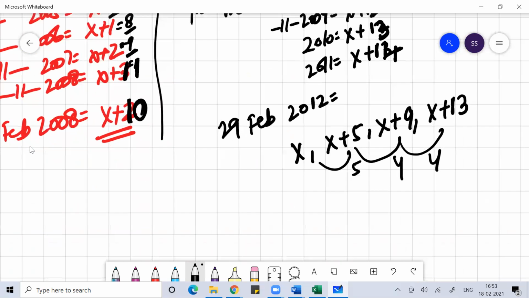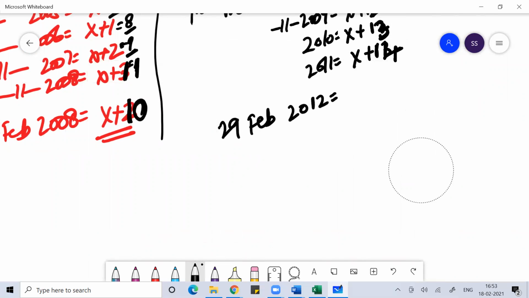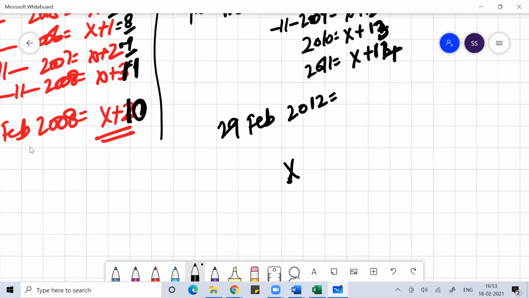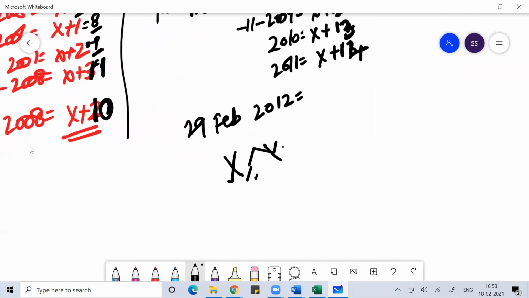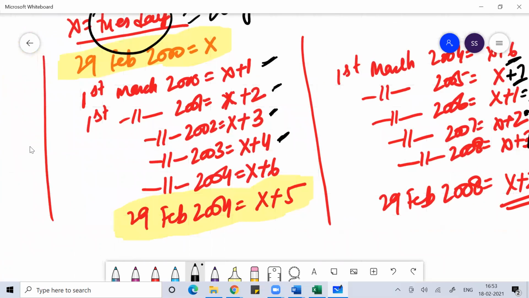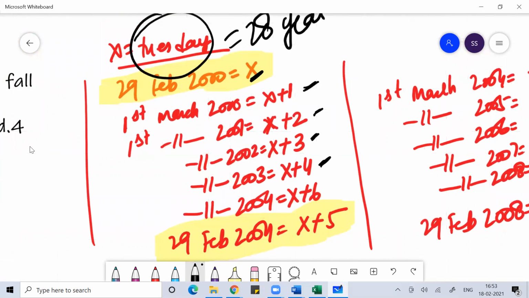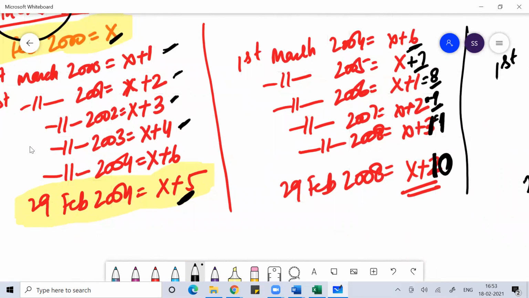So here, it was x. Then it will be x plus 5. Let me do this question from the beginning. This 29 February was x. This becomes x plus 5. If you find 29 February 2008, it would be x plus 10.